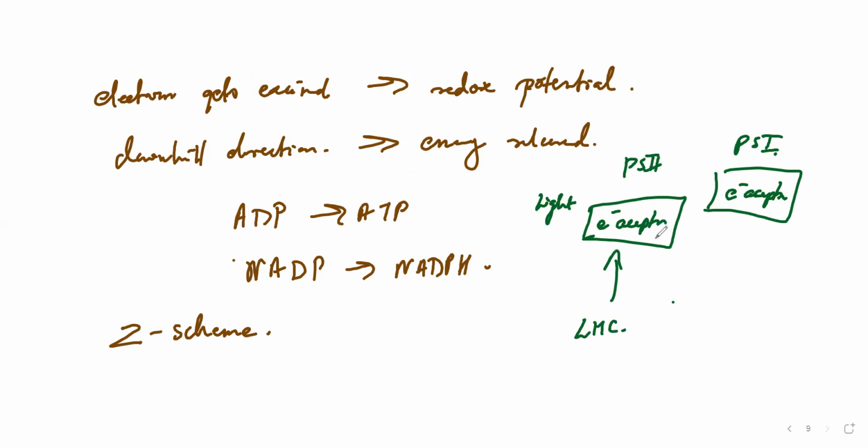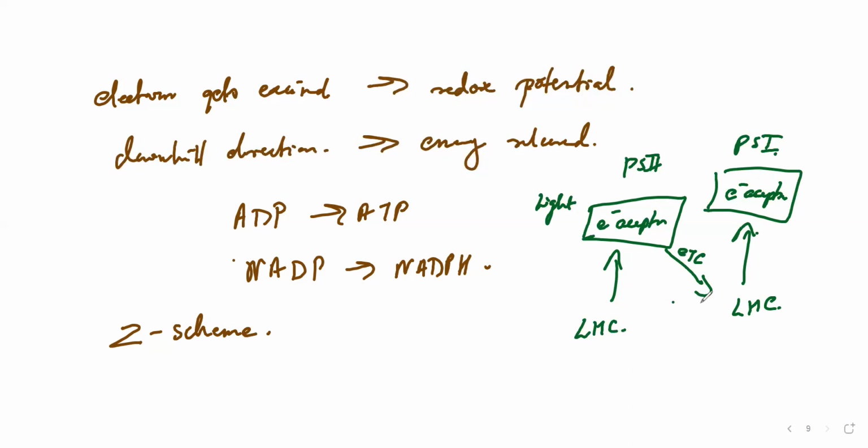From there it will go to the first one, and then here to the electron transport chain, ETC. Then it will go to the LHC of this particular PS1, and again the same thing is going to happen. When this is happening, ADP is converted to ATP and NADP is converted to NADPH. So this process takes a Z shape, hence it's called a Z scheme.